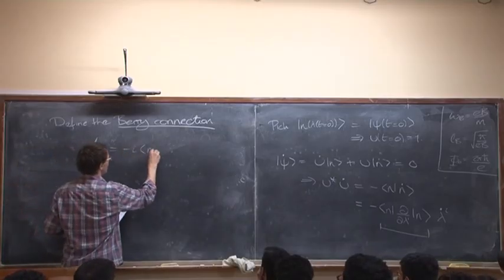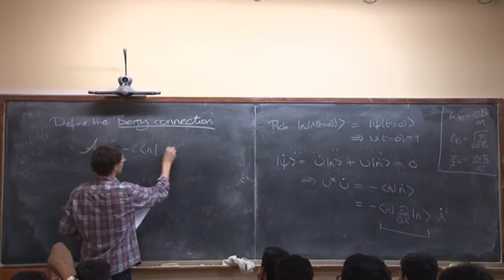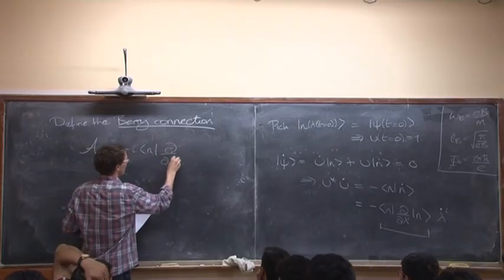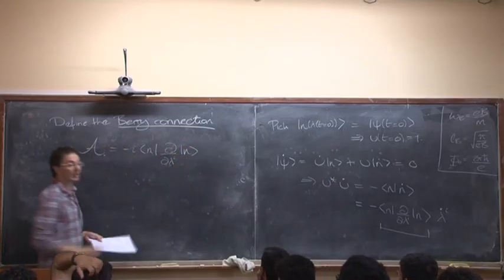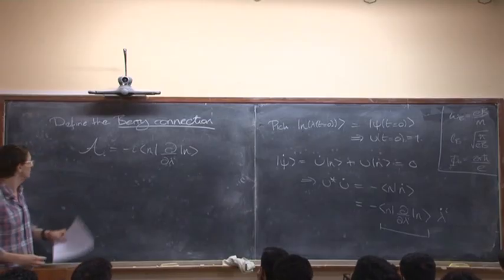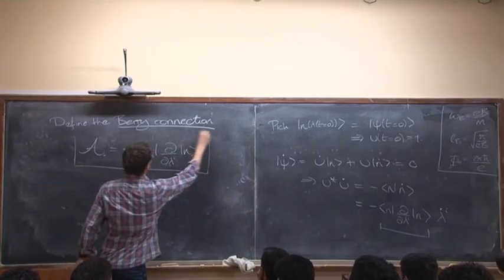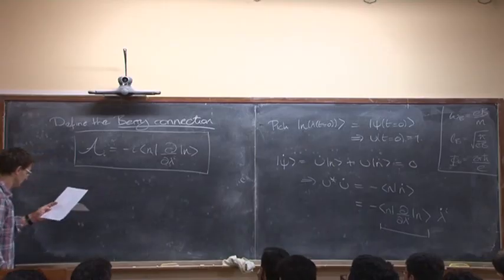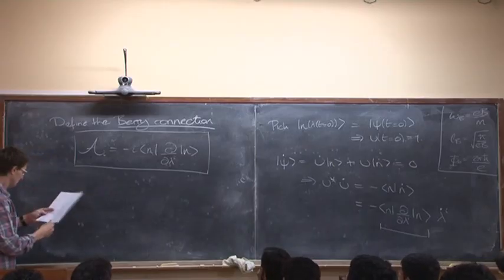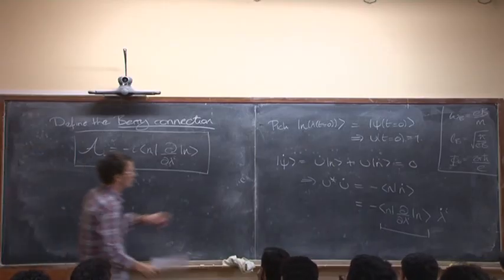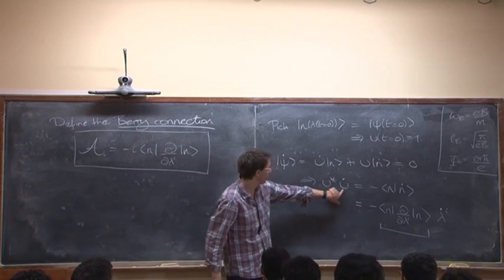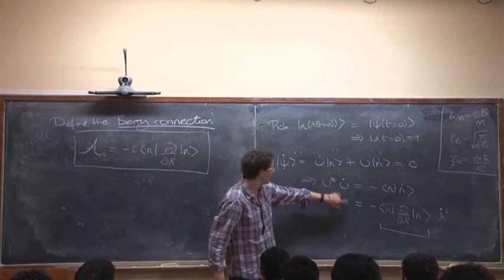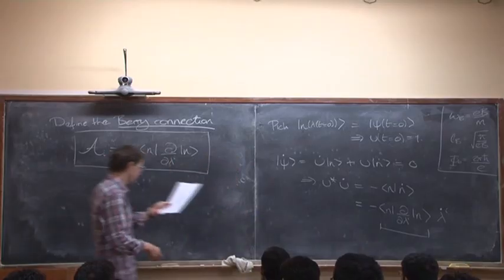The Berry connection is the overlap of the ground state with the variation of the ground state with respect to the parameters lambda. Then this equation here is easy to solve. U, remember, is a phase. This is the Berry connection.